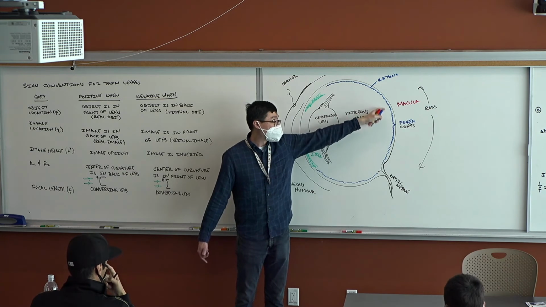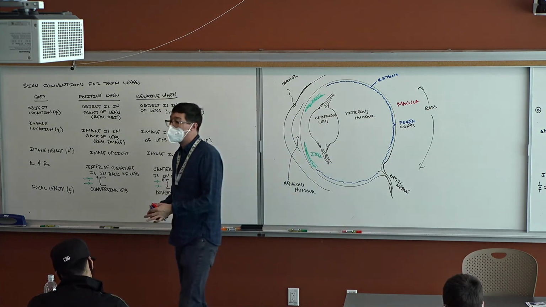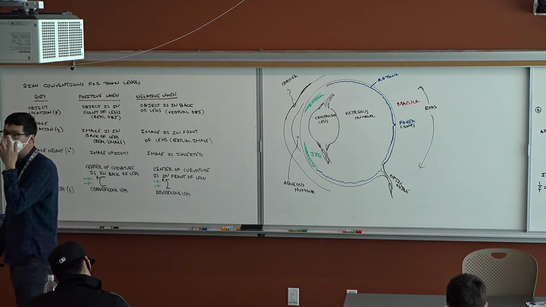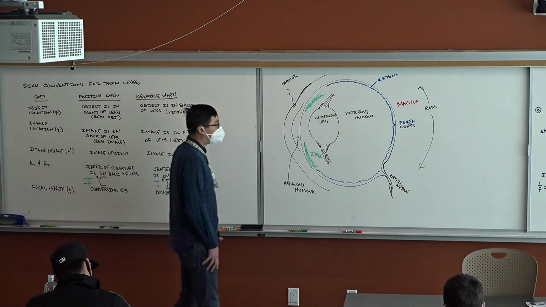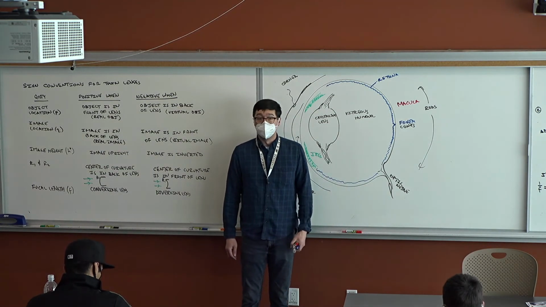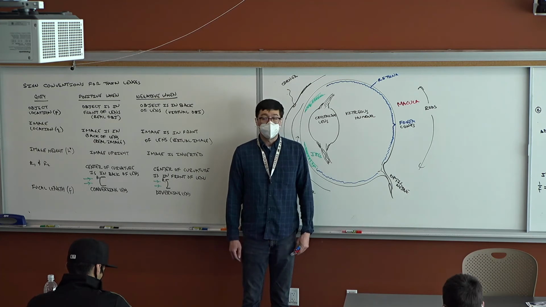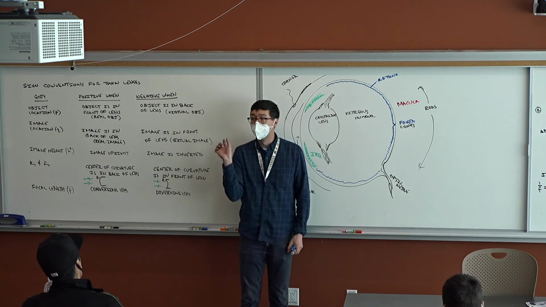The rest of this is all rods. You have almost no rods above the optic nerve. And so this actually leaves you with a very big blind spot. You actually have a pretty big blind spot in each eye.